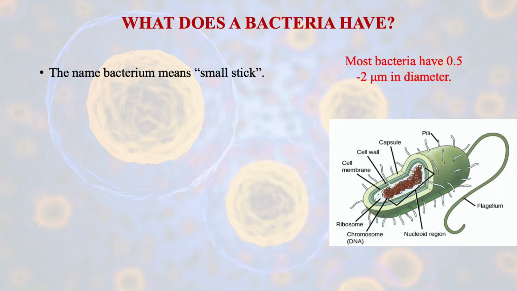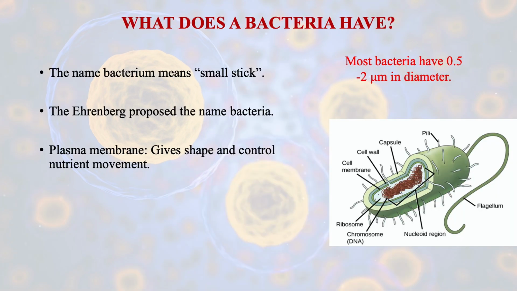The word bacterium means a small stick, and Ehrenberg proposed the name bacteria. The scientist Anton Leeuwenhoek first discovered bacteria under the microscope. So the bacterial components are, first, the plasma membrane. Here you can see the plasma membrane.